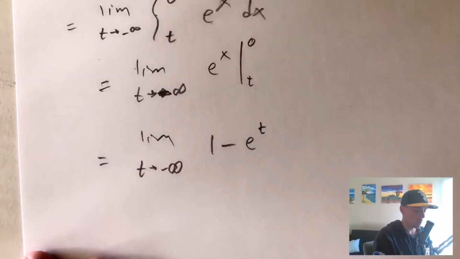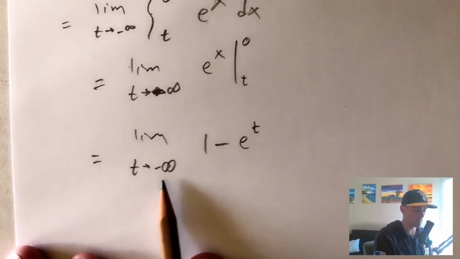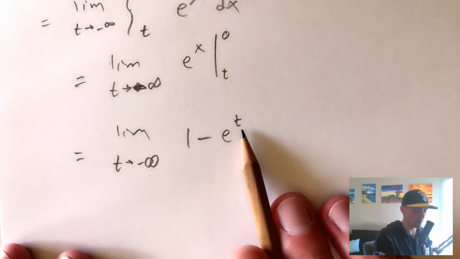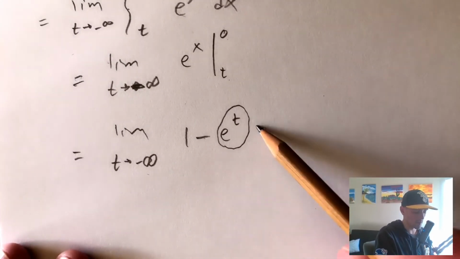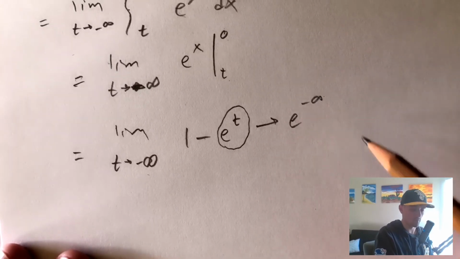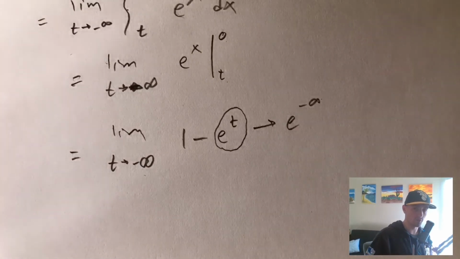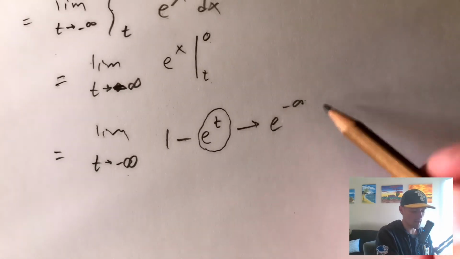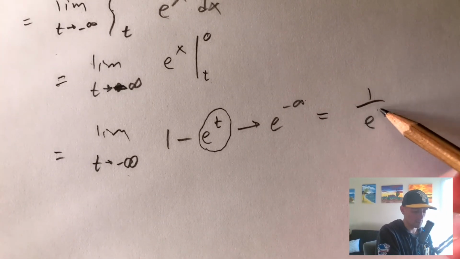So now let's think about what happens to this function here as t goes to negative infinity. Well, as t goes to negative infinity, this piece here is going to go to e to the negative infinity. Well, e to an infinitely large negative power is going to be the same as 1 over e to the infinity.